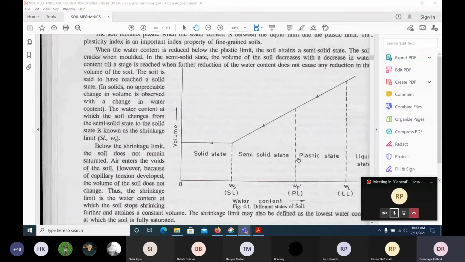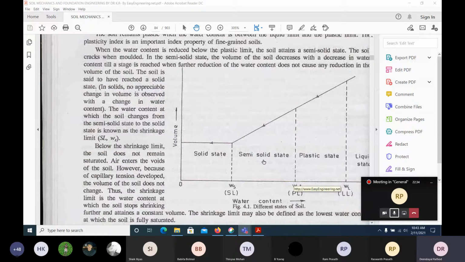Then this part, from here to here, is a range of water contents at which the soil behaves like a plastic. We can mold it, we can play with it, it will stick to our hand and so on. It's not in a liquid state. Then slowly it will shift to the semi-solid state, not fully solid.